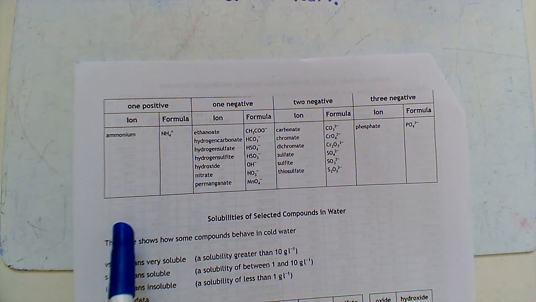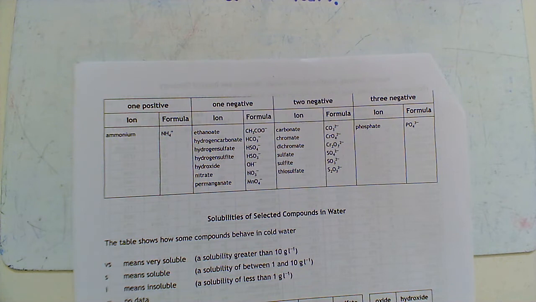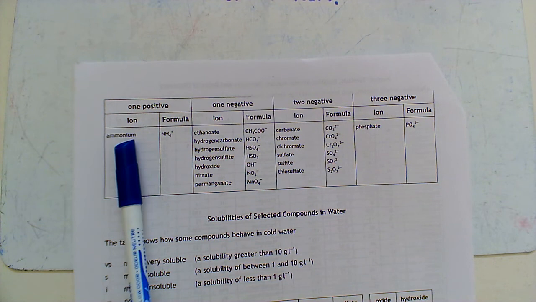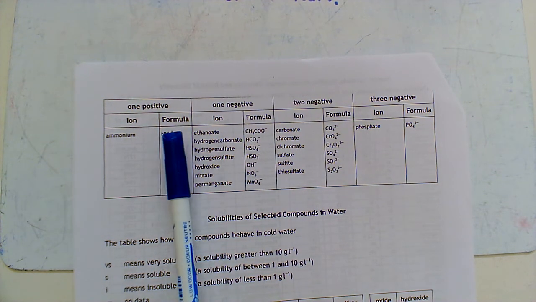Now here's a list of parts of compounds that have special formula. So they don't just use the symbol for one element, they contain mixtures of elements. So ammonium is one here, and it's NH4, and it's got a plus.